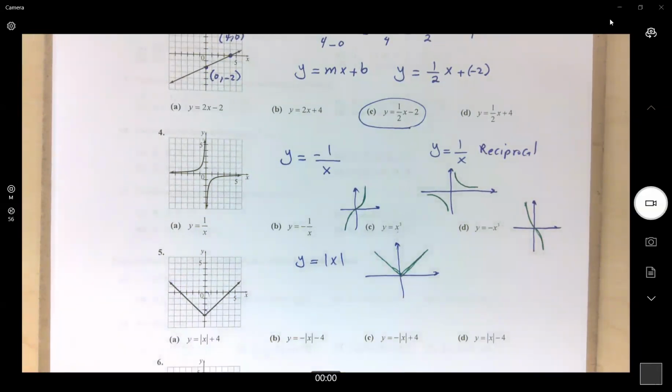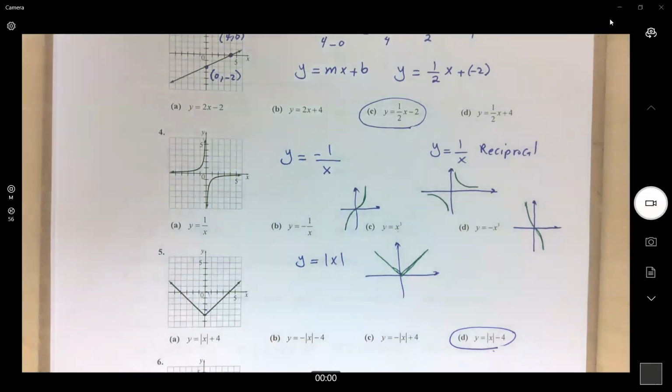So you have y equals the absolute value of x, minus 4. You can use point plotting to double check the whole thing, but using the interpretation of shifting, the translation of graphs, helps us analyze this a little bit easier.